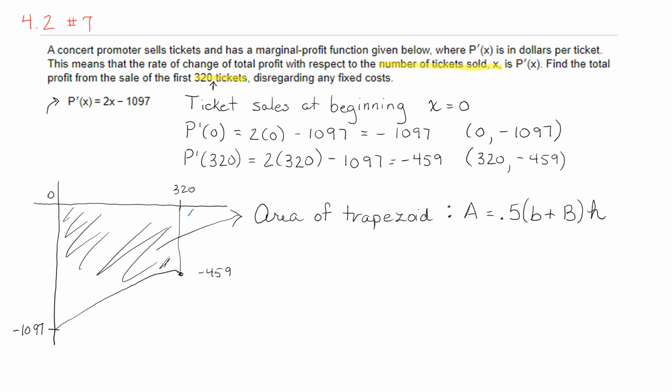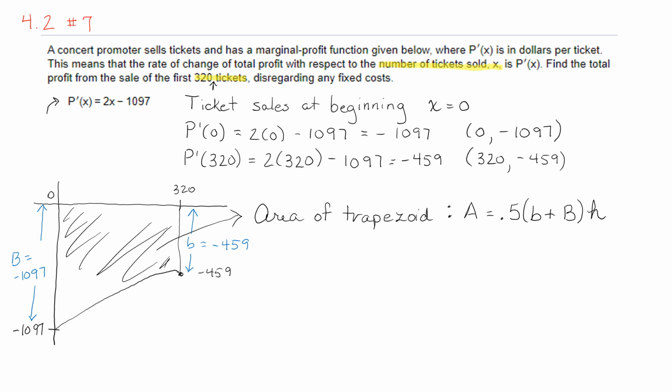So from here to here is what I'm going to call our lowercase b, and it's equal to negative 459. From here to here is our uppercase B, and it's equal to 1097.